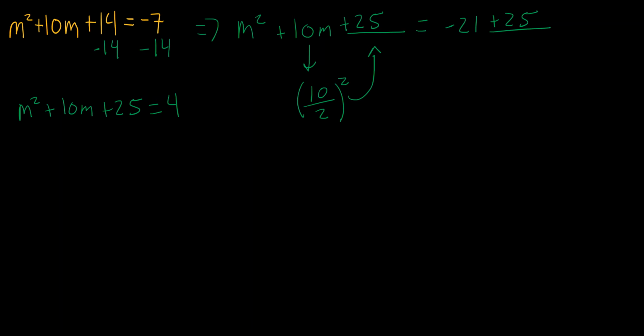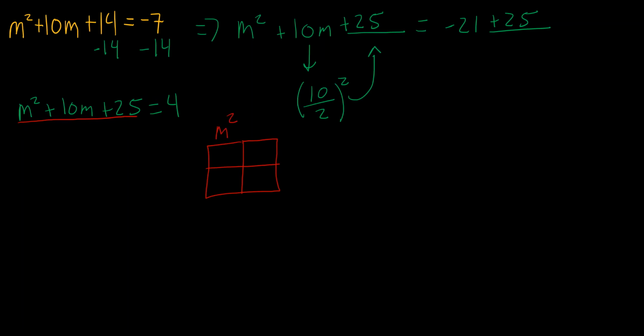Okay, now it's time to factor our perfect trinomial on the left-hand side, and we're going to use the magic box to do that. So I'm going to draw out my box. We have m squared here.